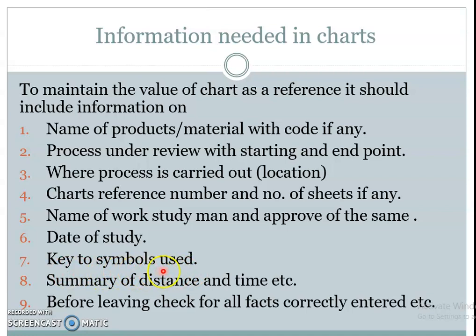Its summarization should be done. Summary of distances and time, etc. should be given. How many operations are there, how many inspections, how many storage symbols, how many delays. Everything should be mentioned. And before leaving, check that all facts are correctly entered or not. We have to cross-check these points or parameters.